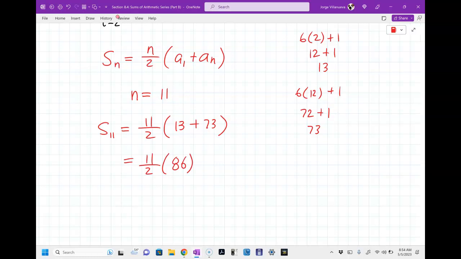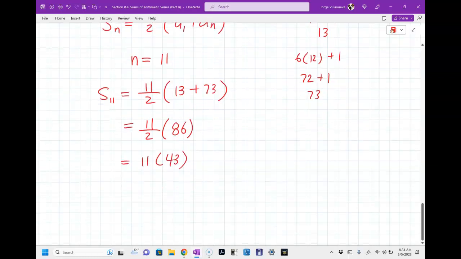And 86 divided by 2, that's going to be 43. And 11 times 43 is 473. And that's your sum. 473.